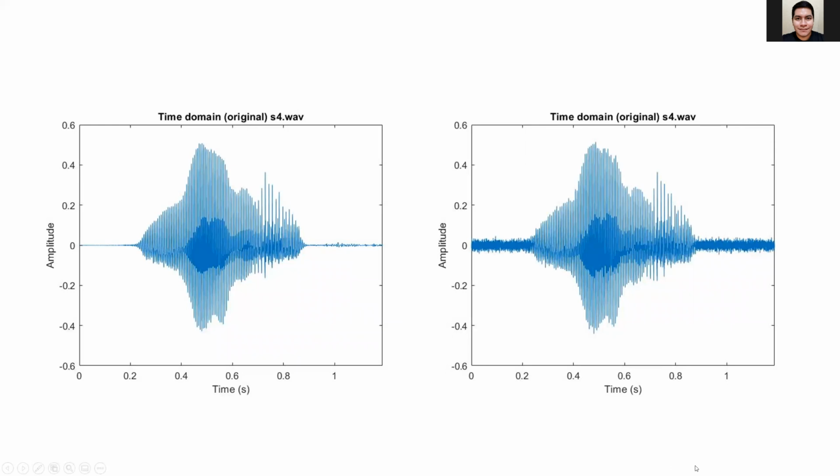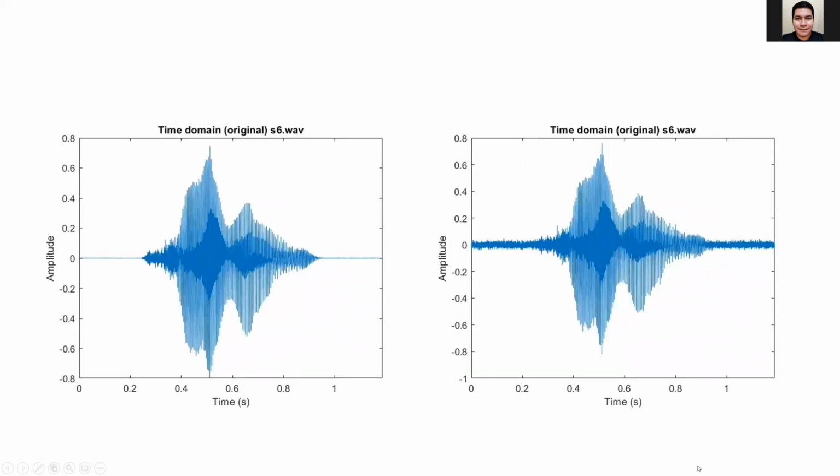The next one is speaker 6, also with a variance of 0.013, and it also loses accuracy in our system recognition.